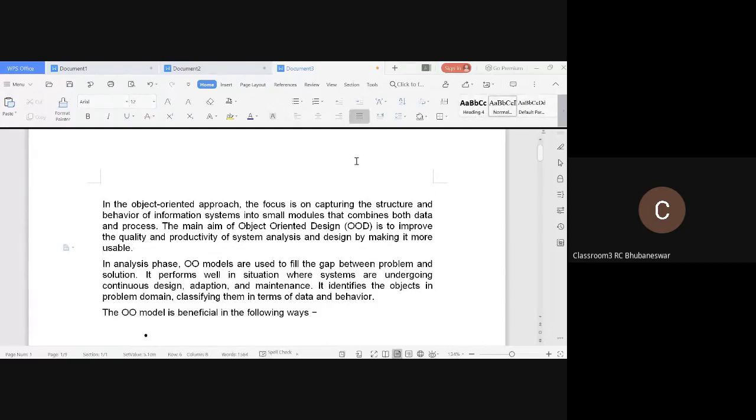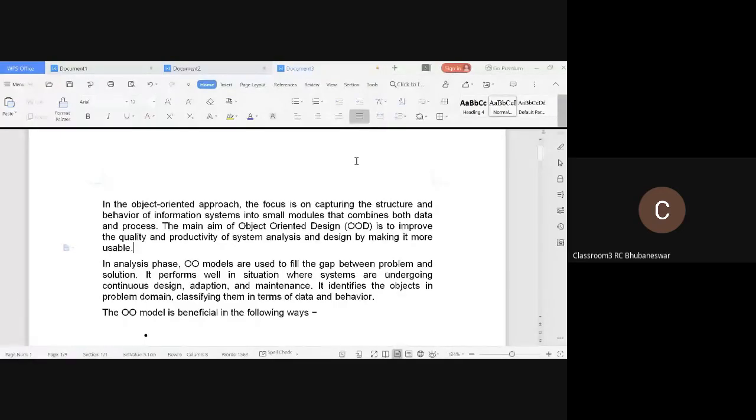So in the object oriented approach, is it visible? Yes, sir. Okay. The focus is on capturing the structure and behavior of the information system into small modules that combine both data and process. Suppose you have collected data, but you don't know how to process this data.